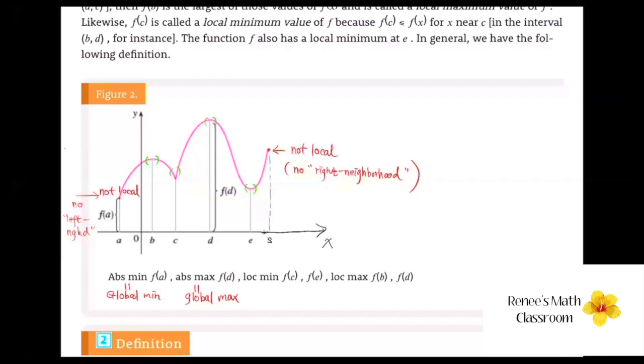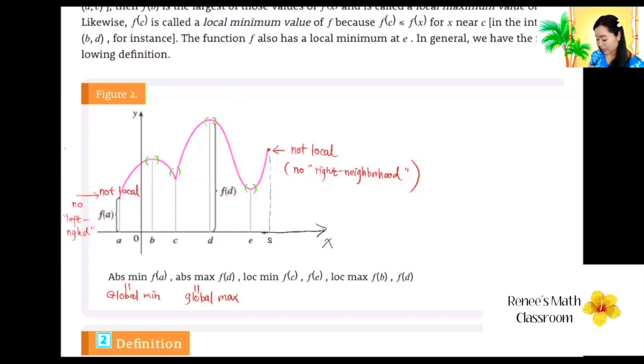So f of b, the y coordinate at this point, is a local maximum of this function. Similarly, f of d is also a local maximum. Now f of c here is a local minimum because locally this is the lowest point. And also this one, locally this is the lowest point.